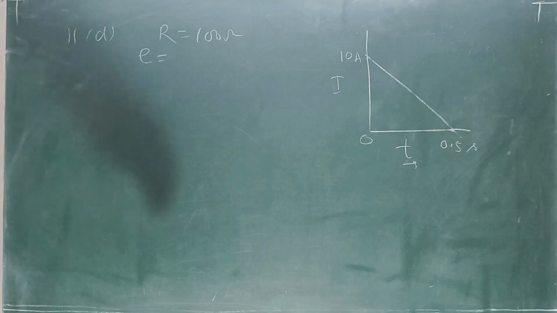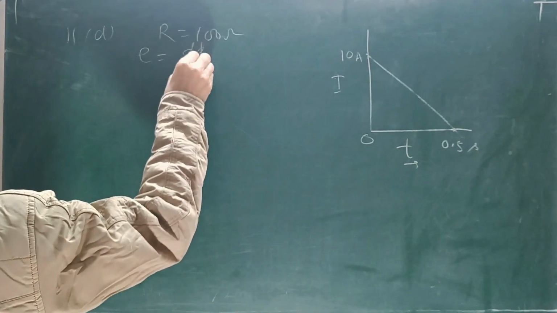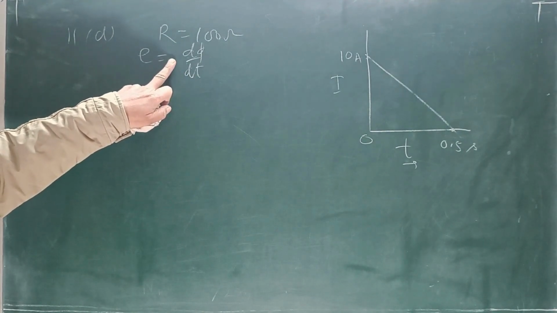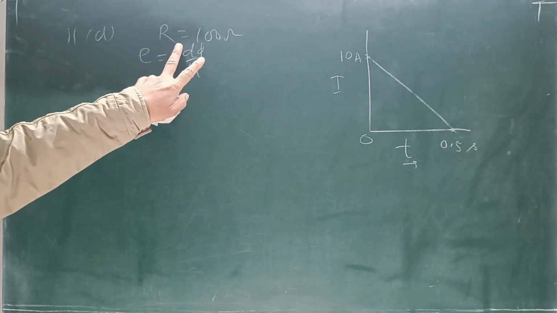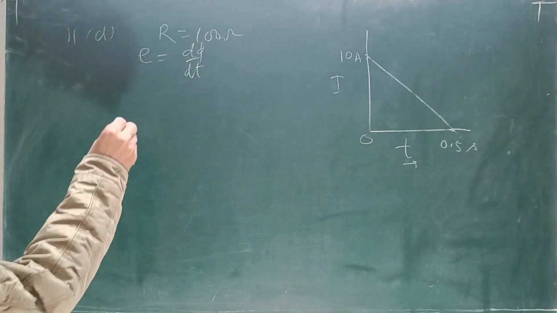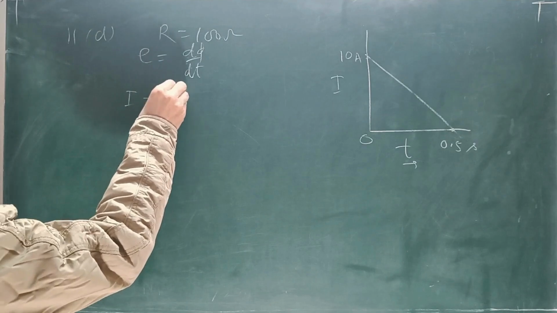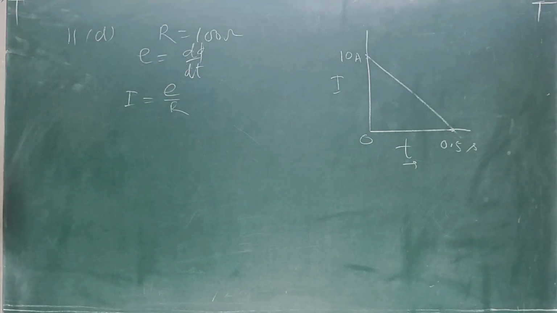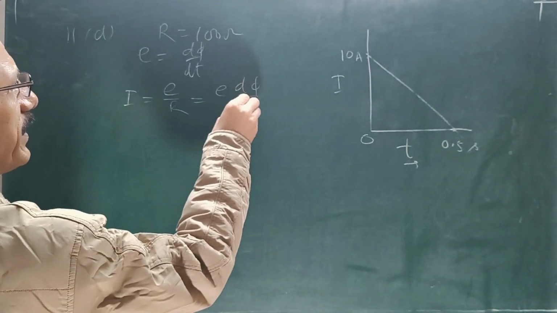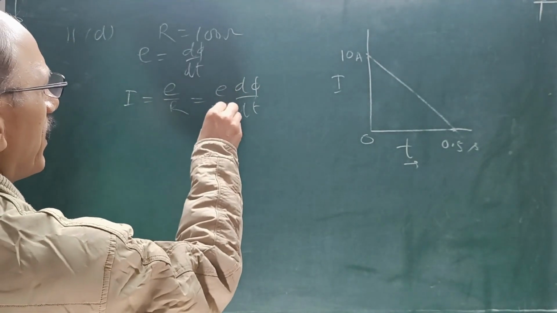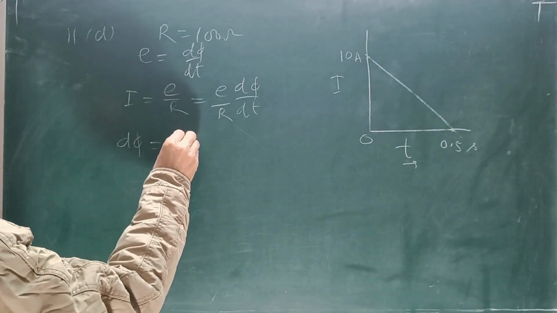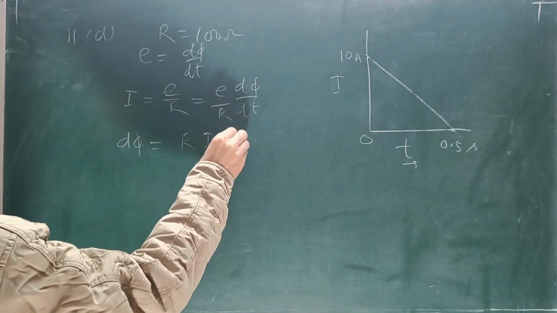We know that E equals d phi by dt as far as the magnitude is concerned. If we neglect the direction, we are only interested in the magnitude. So E is equal to d phi by dt, and current is always equal to E by R. That means I is d phi by dt upon R. So here d phi will be equal to R I dt.